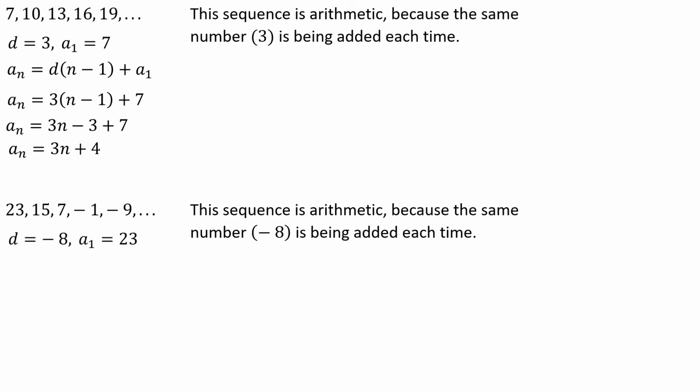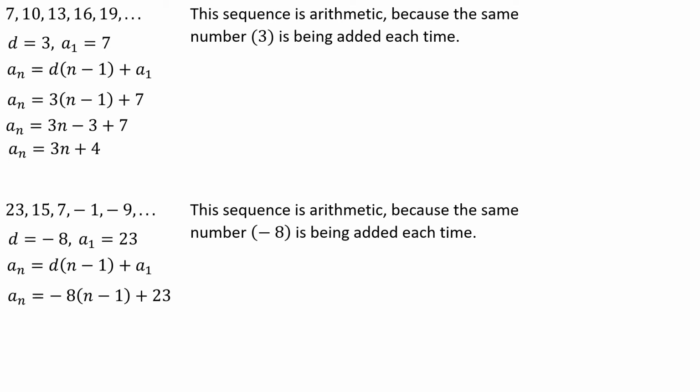So every single time I'm adding negative 8, and the first number in the list is 23. I'm going to copy down that equation again. The nth term equals d times the quantity n minus 1 plus a1. Plug in negative 8 for d. Plug in 23 for a1.